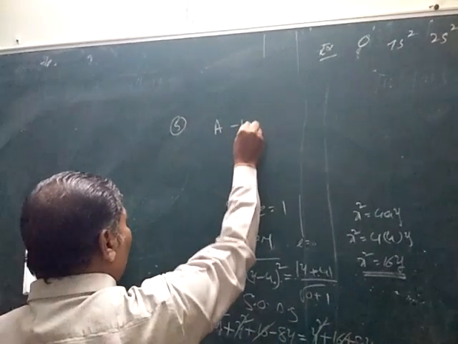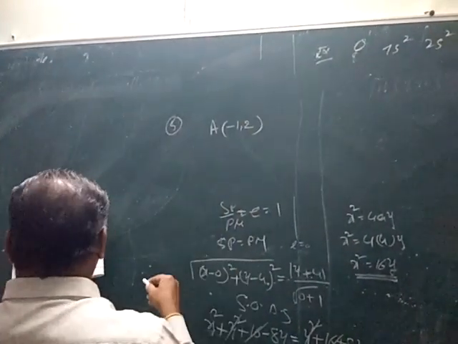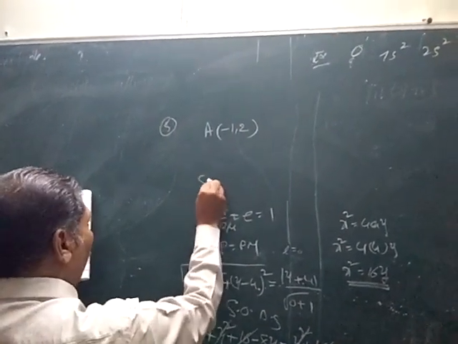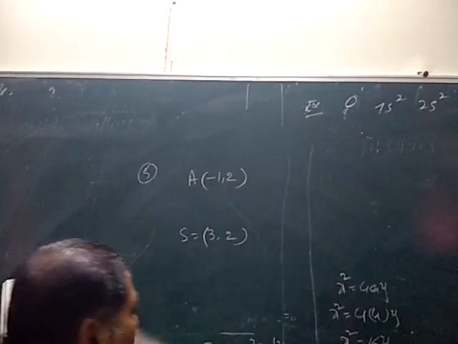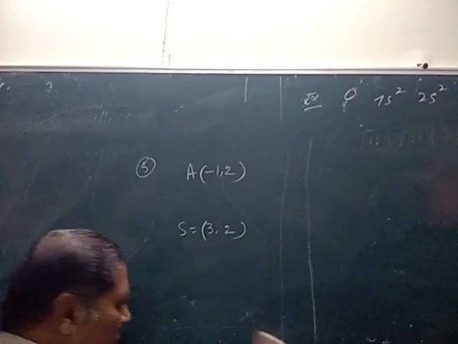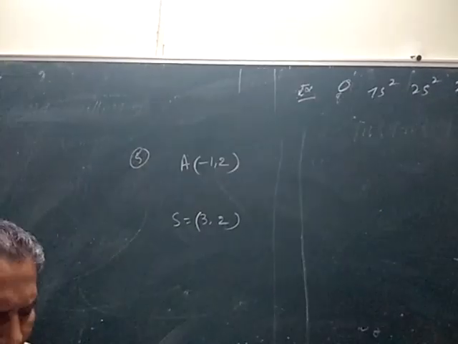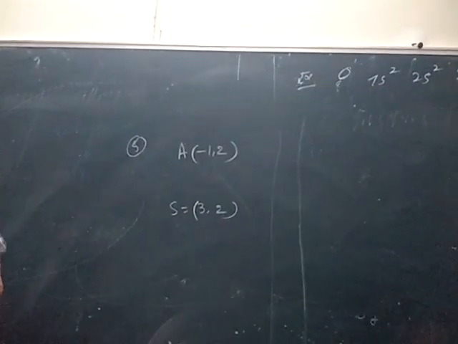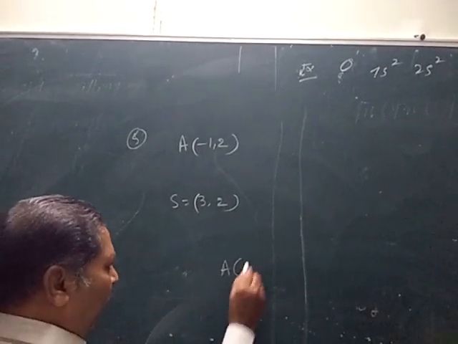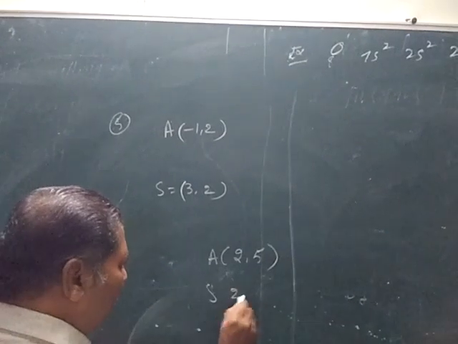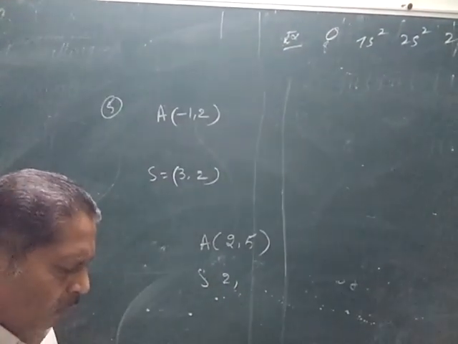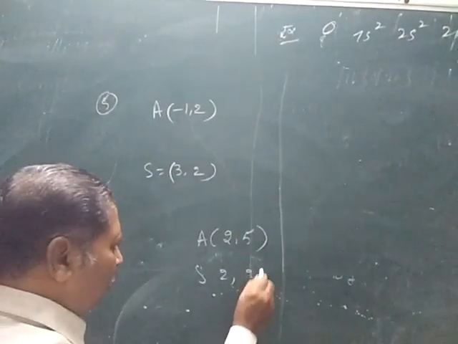Next. Vertex (minus 1, 2), focus (3, 2). In the first bit, A is (2, 5), S is (2, 2).